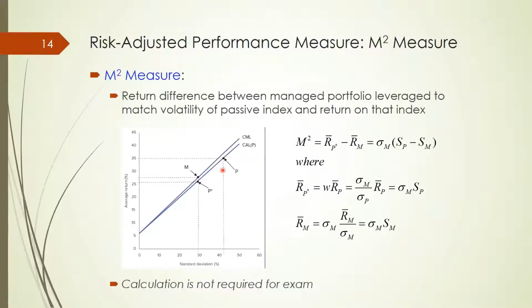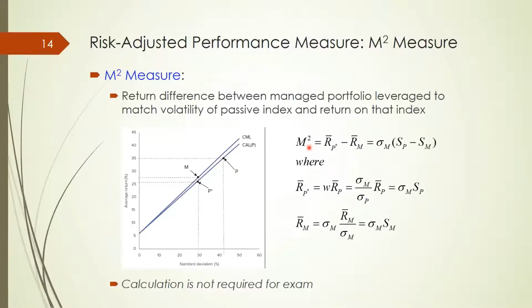So a more fair comparison is to leverage or deleverage P so that P becomes P star, which has the same total volatility as the market portfolio. Then we can look at whether P star outperforms or underperforms the market to measure the attractiveness of portfolio P.